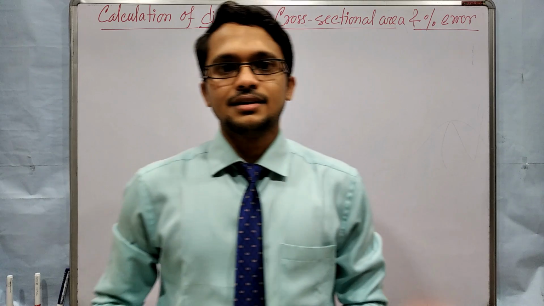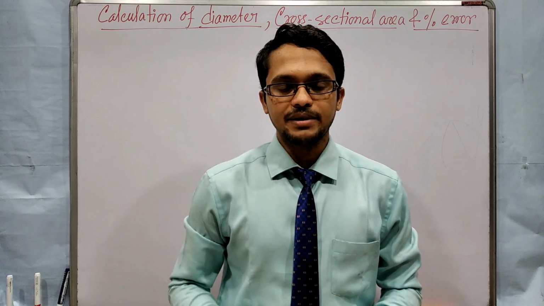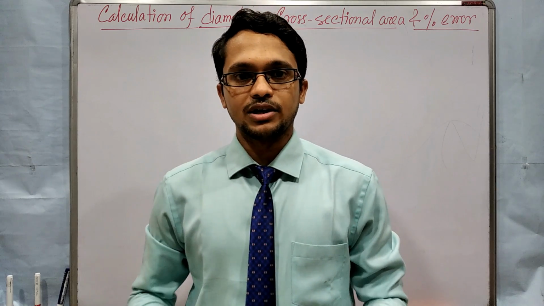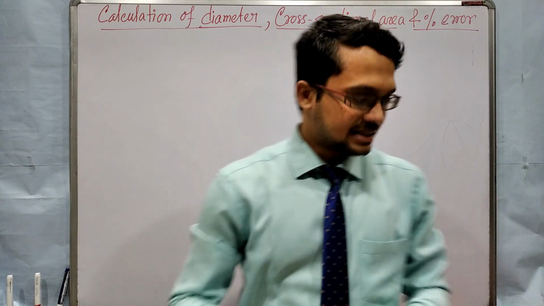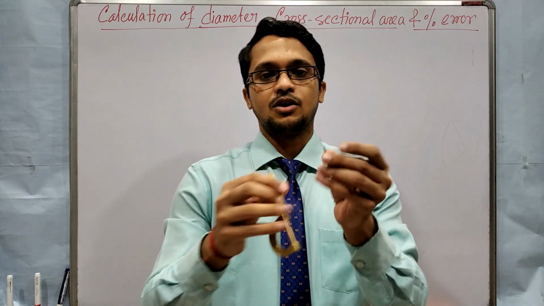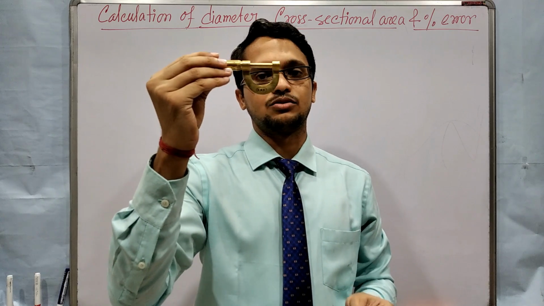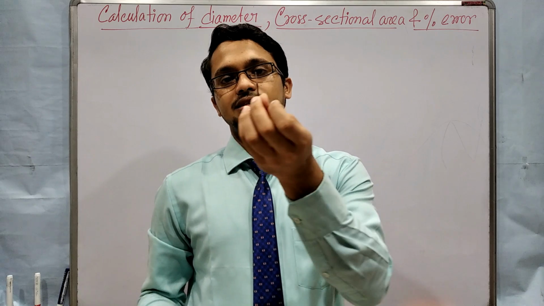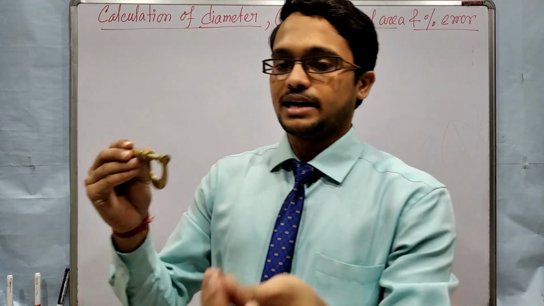So students, now this is the practical lab, and here I am going to show the practical part, that is measuring the diameter of this wire using screw gauge. This is the screw gauge in my hand, and this is the wire for which I want to measure the diameter.